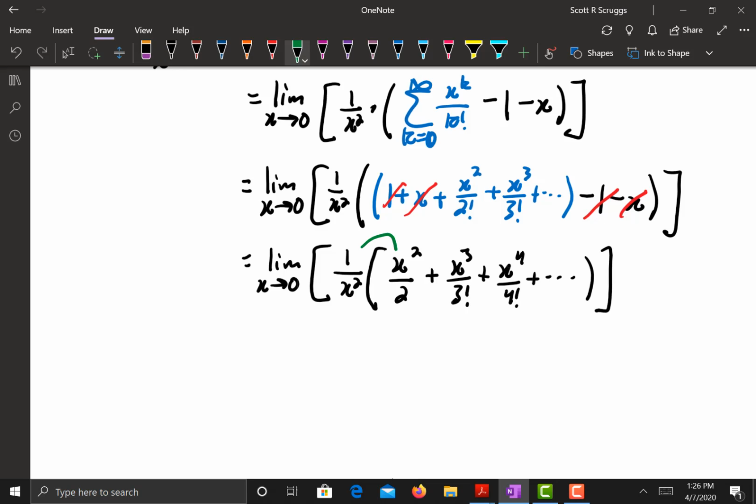Now my next step is I'm going to distribute that 1 over x squared to every term inside the parentheses.